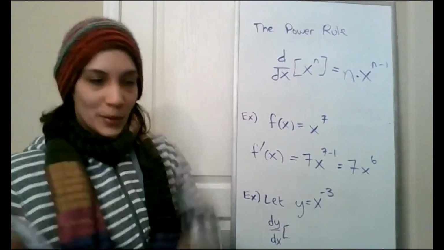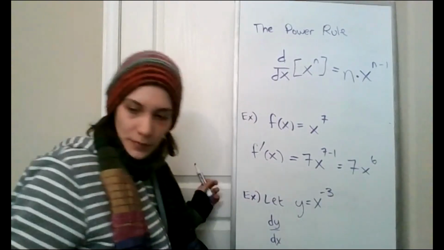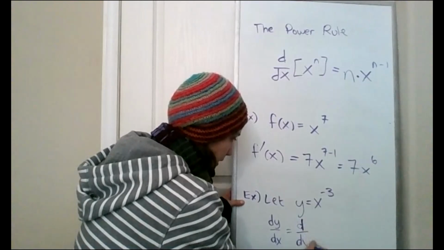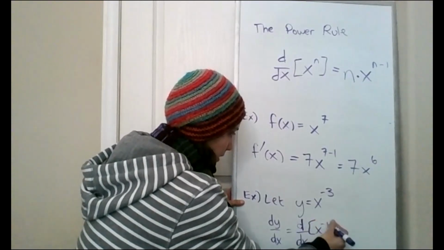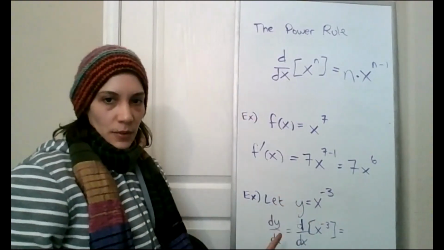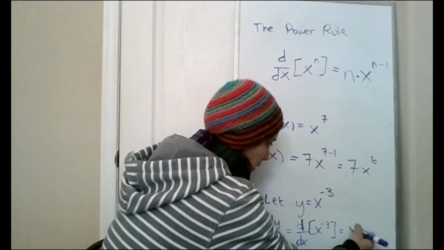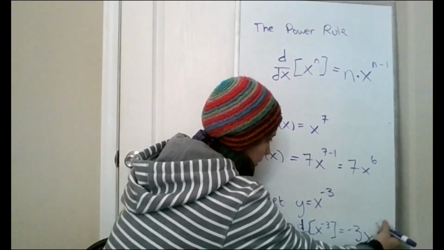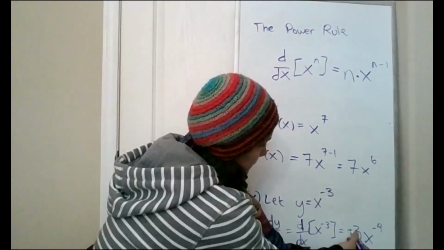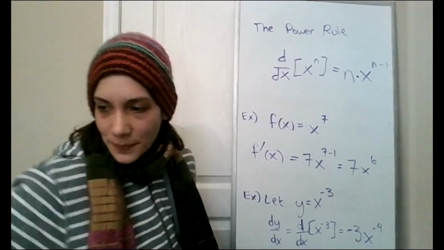The derivative of y with respect to x is equal to the derivative with respect to x of x to the negative 3. So negative 3x to the negative 3 minus 1, so it's a little smaller. I think that's good enough. Let's go on.